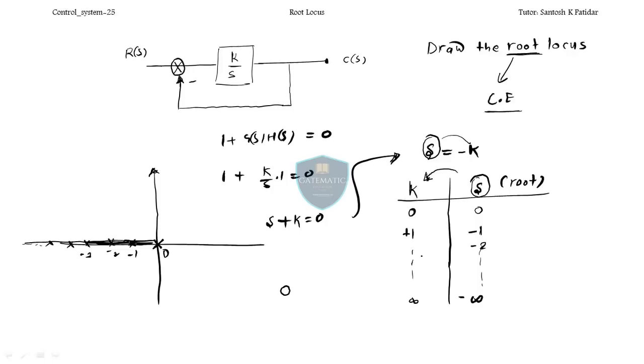Here I'm considering integer values only, but it is 0.1, 0.2. So this is the continuous root of the given system. Here the k value is 0. Here the k value is infinity, isn't it? Means for this particular system, the root locus, how the root is moving, is starting at s equal to 0 and terminating at s equal to minus infinity. Okay, so this is my root.